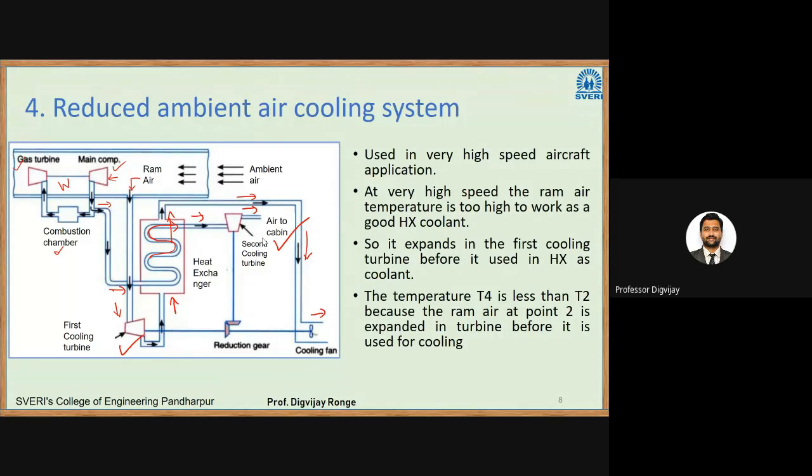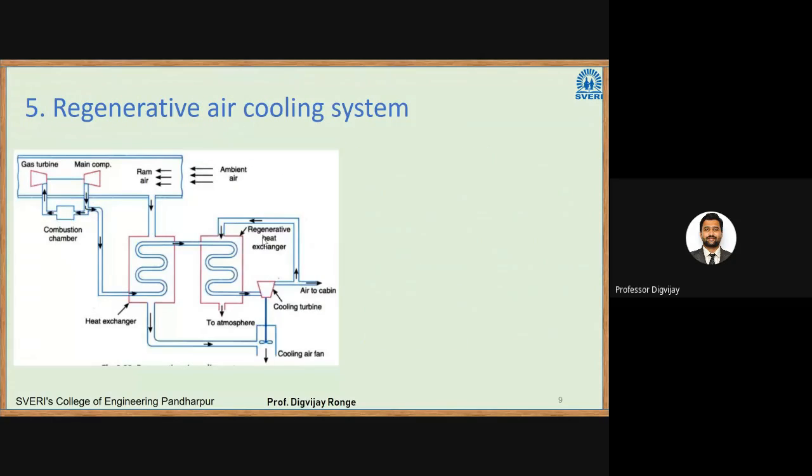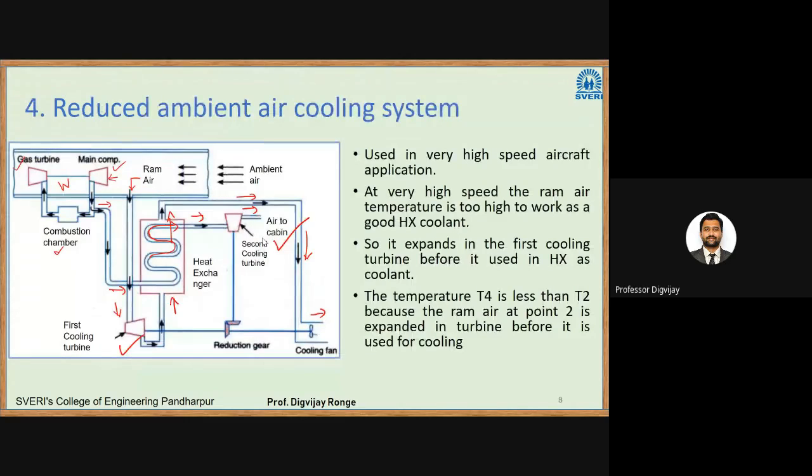The temperature T4, so there is no graph in this. Yes, we have graphs for these various systems, which are not included in this presentation, because we are not going to derive it and solve problems based on these systems, which is not part of your syllabus also. Okay, so that is all about the reduced ambient air cooling system.